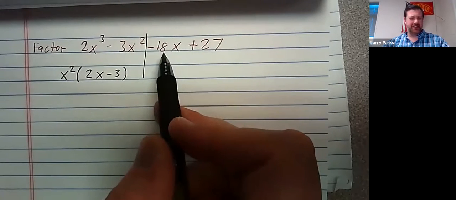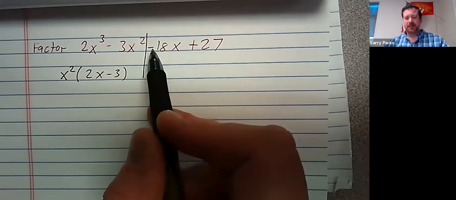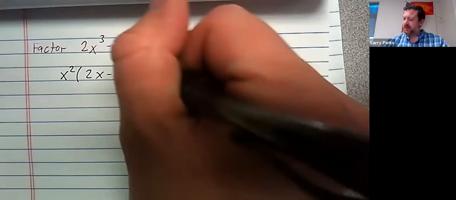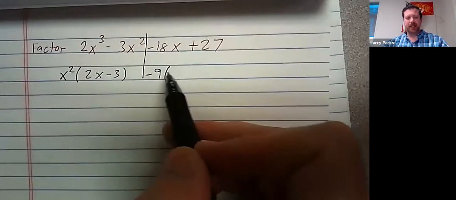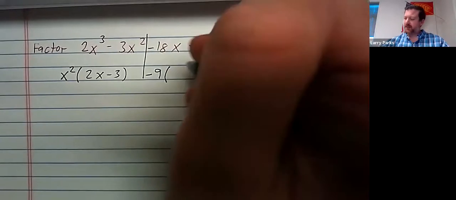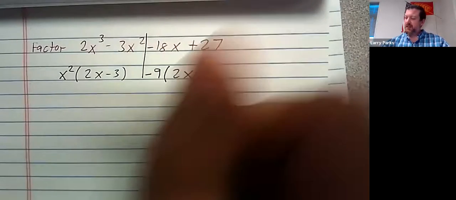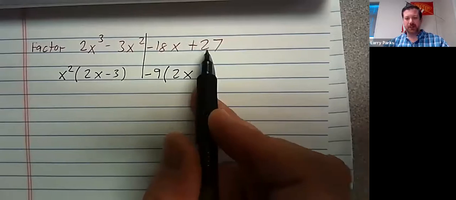The GCF is 9. So I factor out the negative 9. And that leaves negative 9 times, that leaves 2x. And then negative 9 times negative 3 is 27.